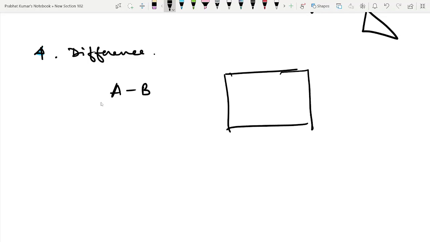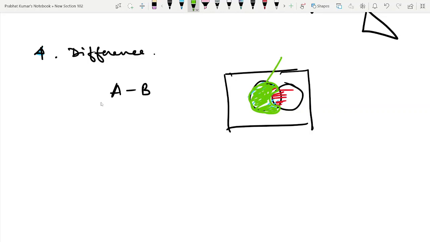A minus B means A was there the whole time, and from that you are separating B. Whatever part of B is in A, you are neglecting, avoiding this part. So what you get is this green portion, right? This moon-like portion. This is basically A minus B.